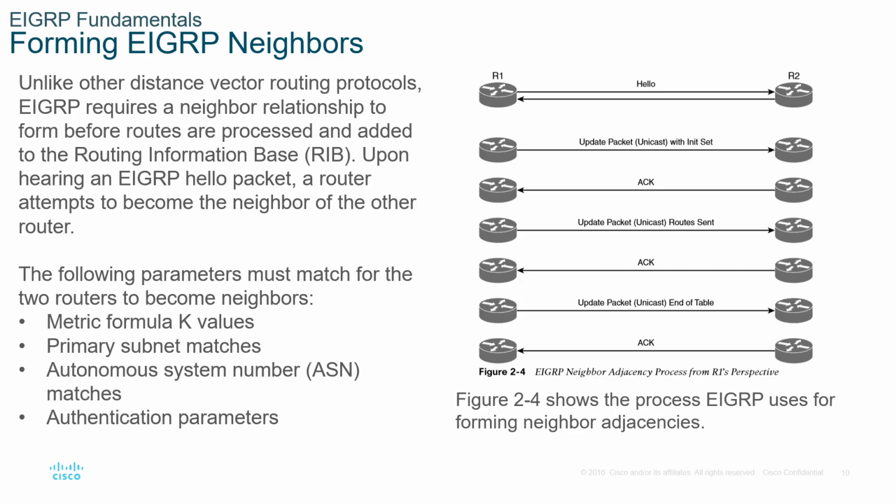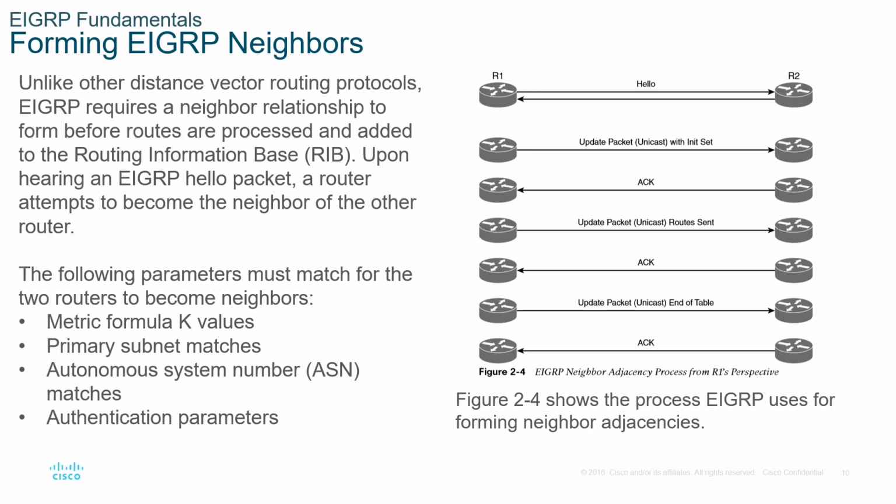So it sends out the hellos, then it enters an initialization state where it gets an acknowledgement, then it sends the routes that it knows to its neighbour, gets the acknowledgement, then sends an update of the end. So it's basically sending all of its information to its neighbour, and the neighbour is doing the same in return.